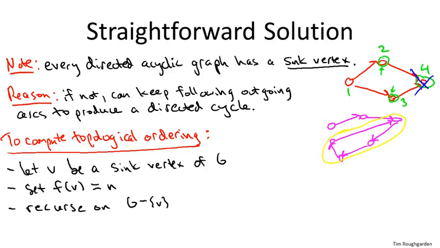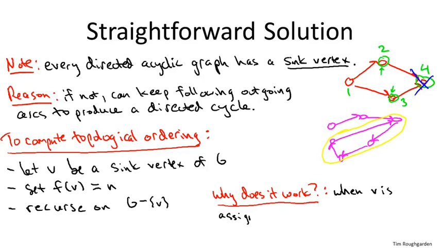So the second thing we have to argue is that we really do produce a topological ordering. So remember what that means. That means for every edge of the graph, it goes forward in the ordering. That is, the head of the arc is given a position later than the tail of the arc. And this simply follows because we always use sink vertices. So consider the vertex V, which is assigned to the position I. This means then that when we're down to a graph that has only I vertices remaining, V is a sink vertex.